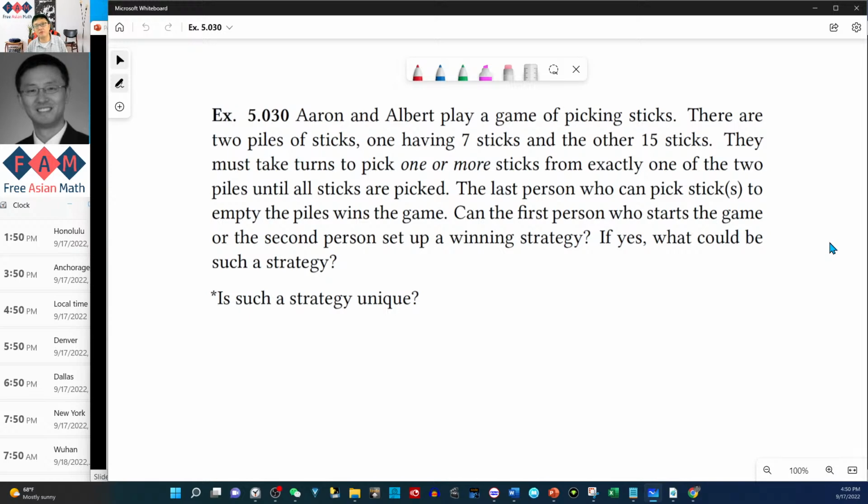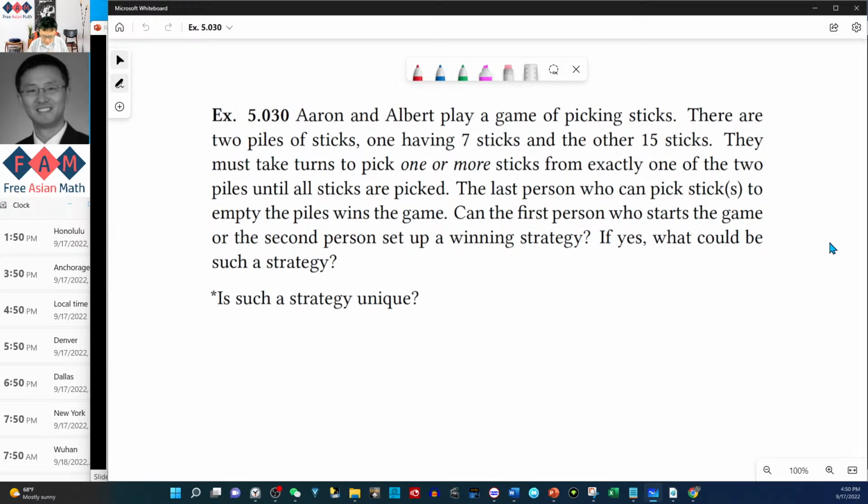Meaning that if you go first, do you have an advantage that you can set up a strategy that guarantees you a win? Or no matter what you try, the second player will actually have a strategy to win in this case.